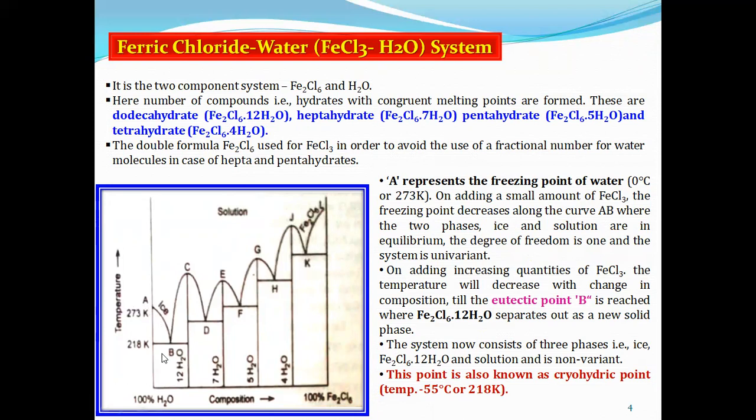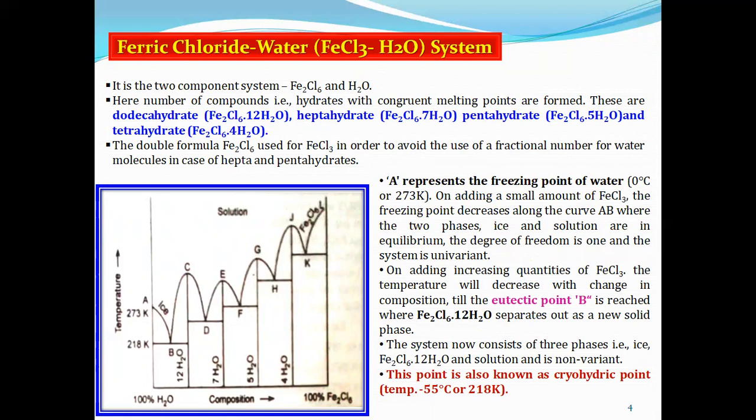On addition of further increasing quantities of FeCl3, the temperature decreases with change in composition until the eutectic point B is reached, where another solid, ferric chloride dodecahydrate, separates out as a new solid phase. Now the system consists of three phases: ice, ferric chloride dodecahydrate, and solution in equilibrium.